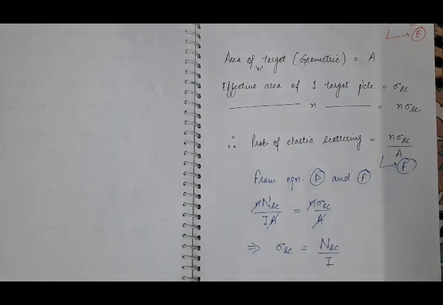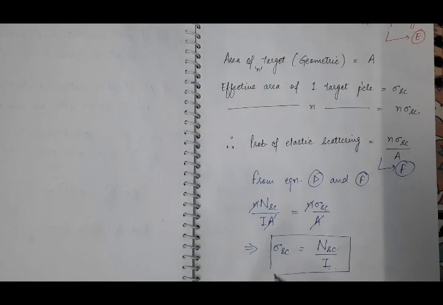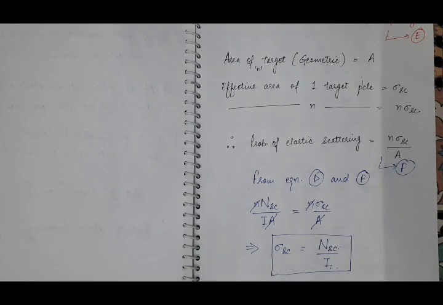This is the number of particles scattered by one target particle per second. And this is the number of incident particles per unit area per second. So the cross-section is the ratio of the number of particles scattered by one target particle per second to the number of particles incident per unit area per second. So this is the definition of sigma scattering.